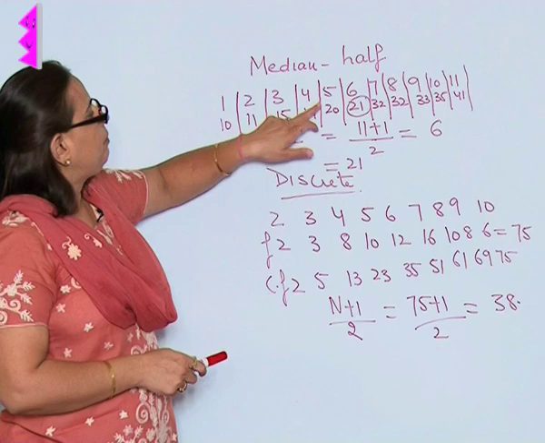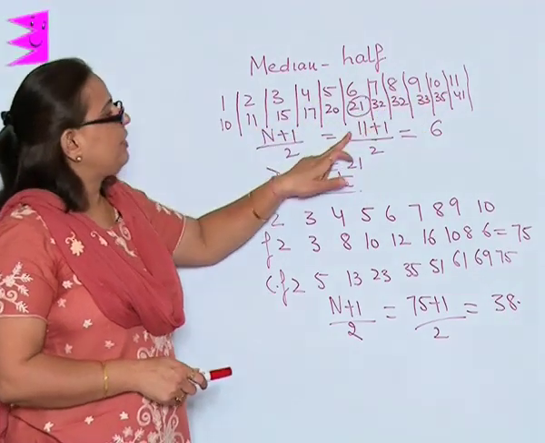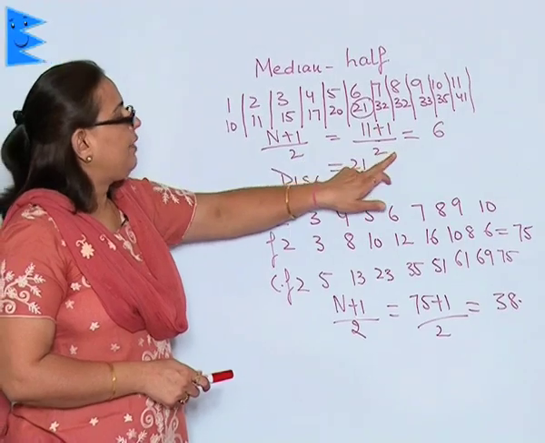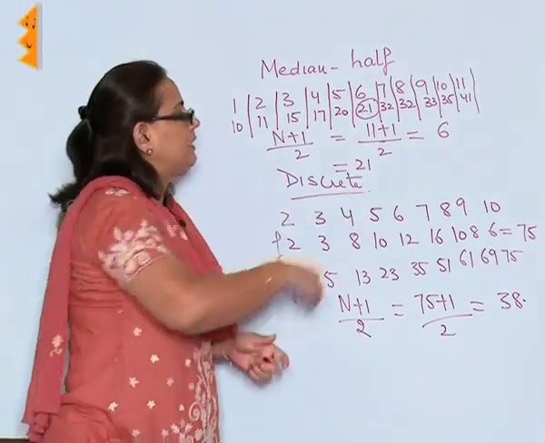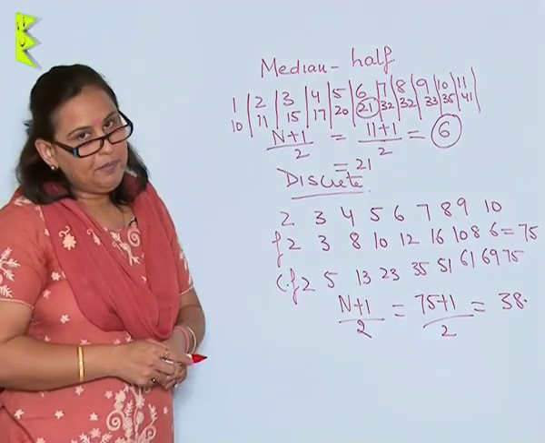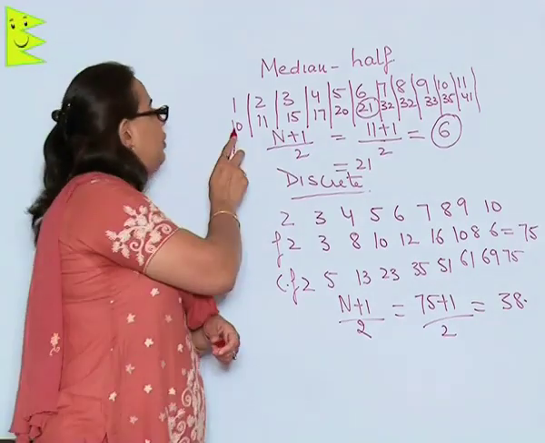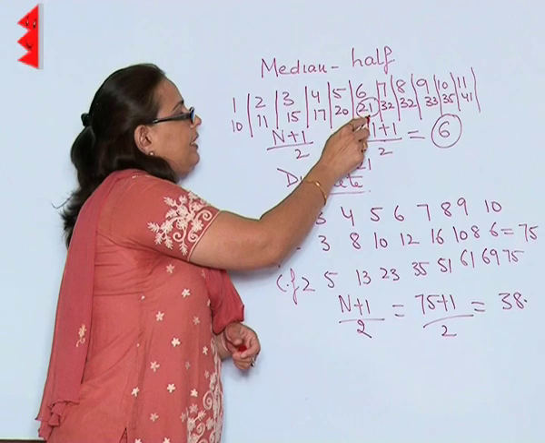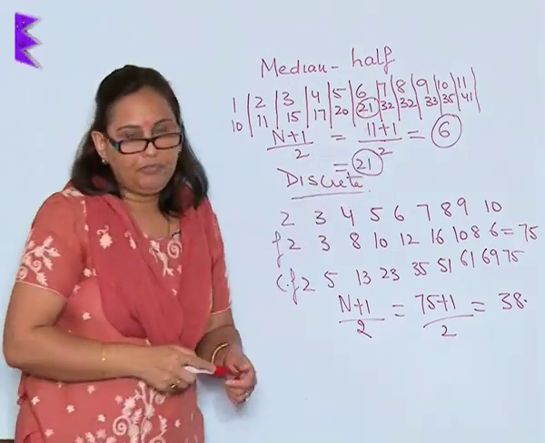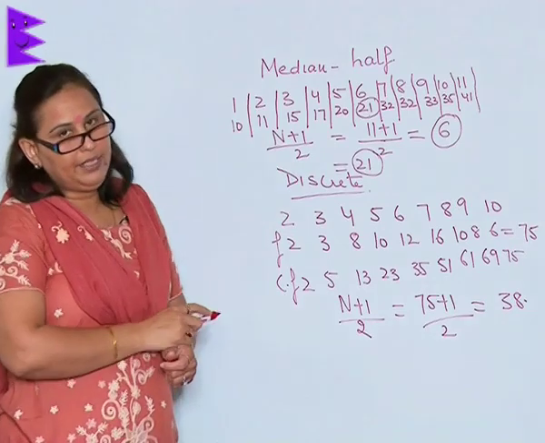The number of students is 11, plus 1 upon 2, that is 12 divided by 2, which gives me 6. That means the sixth item is the median in this series, which is 21. So, 21 is the median of the individual series.